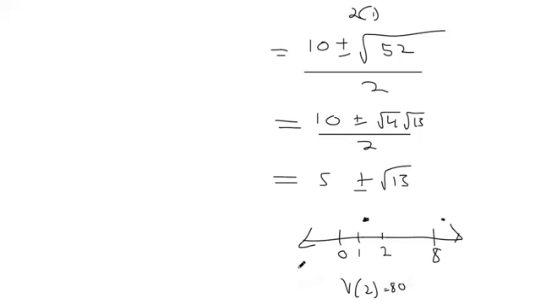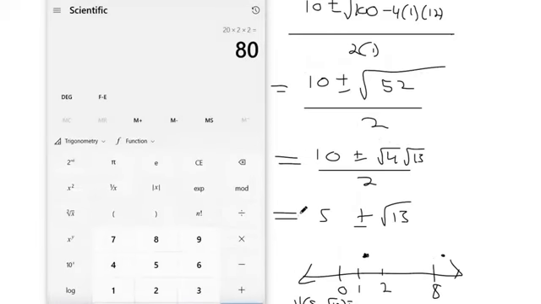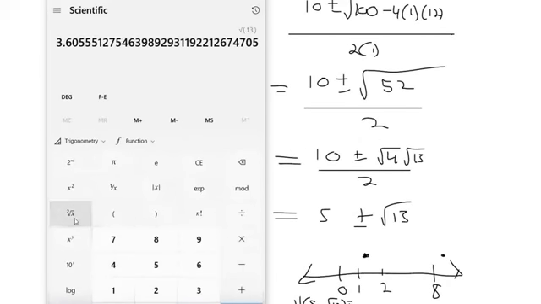I need to check that and compare it to V of 1 point something, right? 5 minus the square root of 13 is what I'm testing. This is our critical point. Let's see if that value is less than 80, then we know this is the only chance this has of being a minimum because it's below a value that's to the right of it. So let's try plugging in that decimal number.